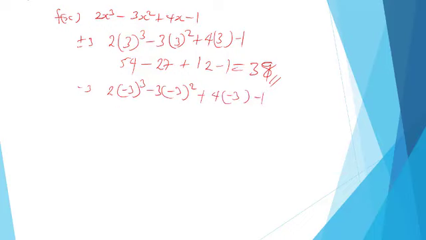So with this we now have minus 54, and this minus 27, minus 4 times 3 which is 12, and minus 1. So minus 54 minus 27 is minus 81, minus 12 is minus 93, minus 94, which is still not a factor.